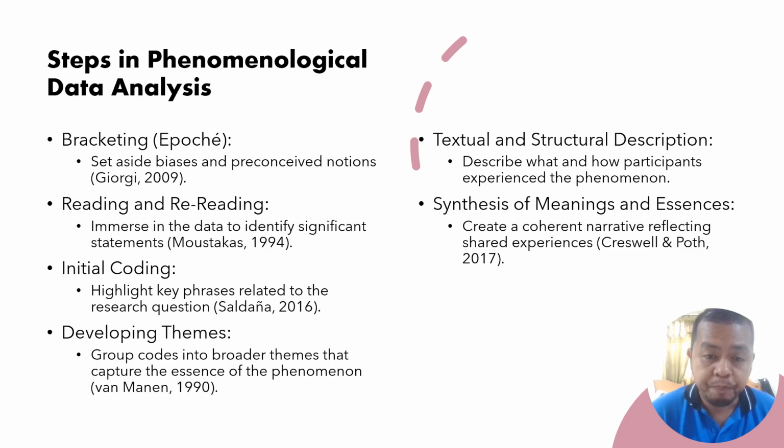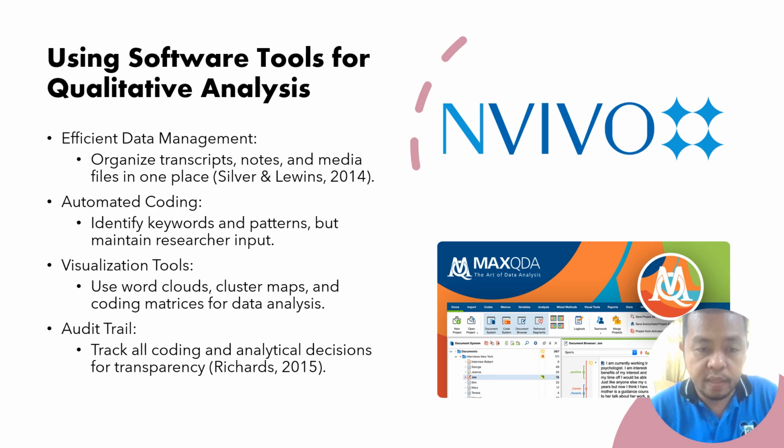That's why qualitative research, especially phenomenological research, will give you an in-depth description of what really happened, because it is very textual and very descriptive in nature. So these are the steps in phenomenological data analysis.